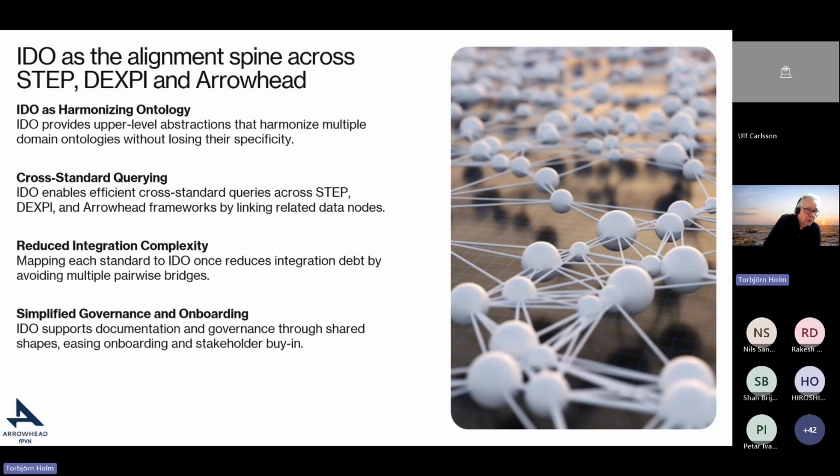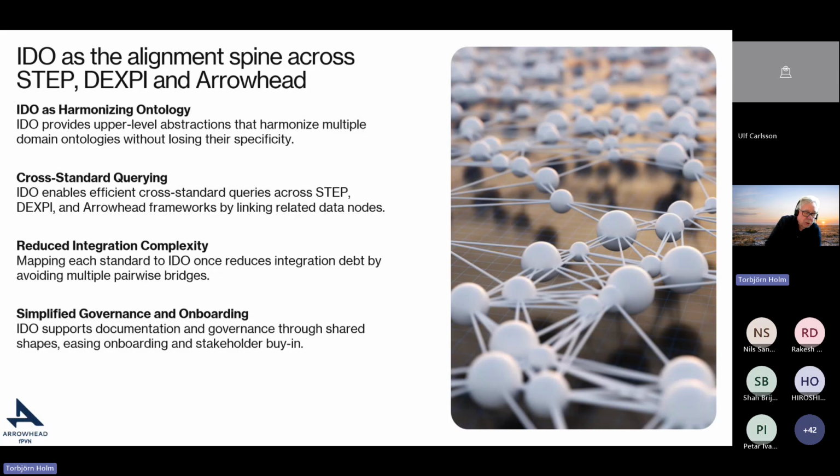And we have used IDO as harmonizing ontology. IDO enables efficient cross-standard queries across STEP, DEXPI, and Arrowhead frameworks by linking related data nodes. And the way we do it now is that we import data into GraphWise, and then we use SPARQL to do the cross queries.